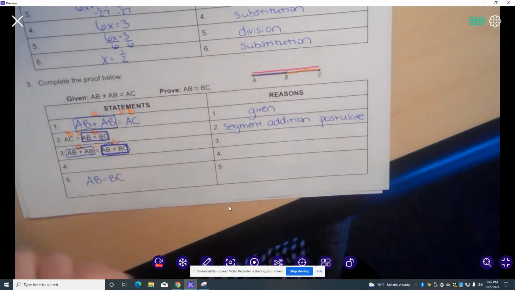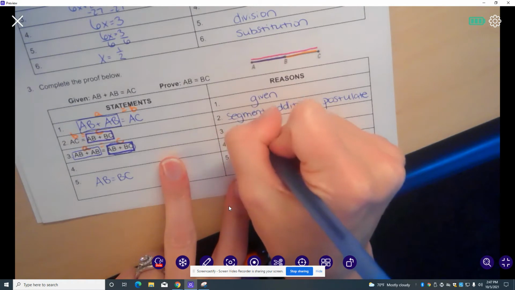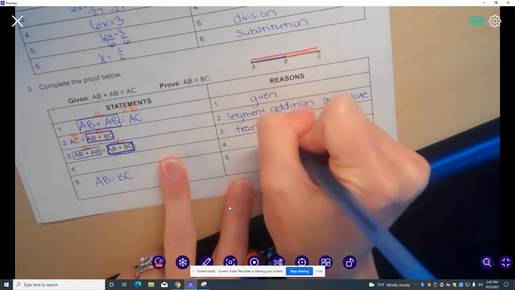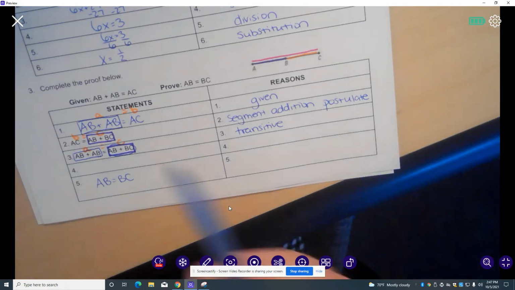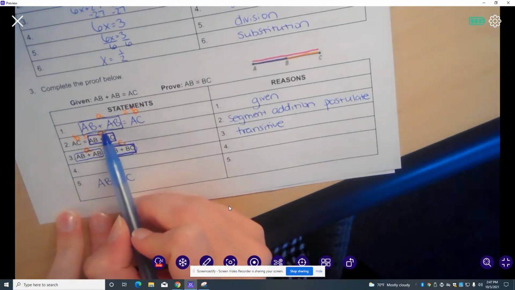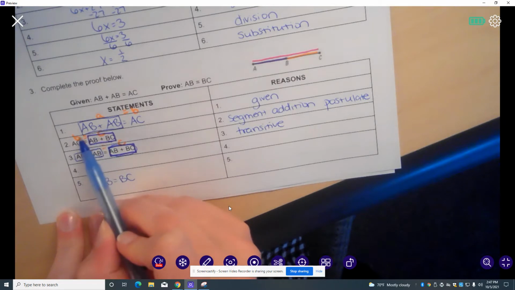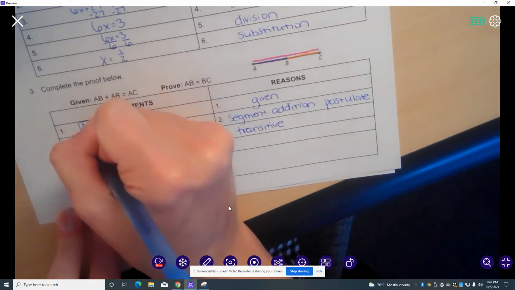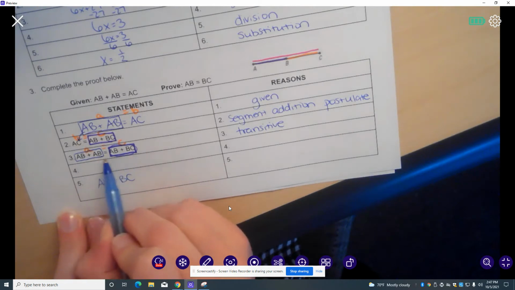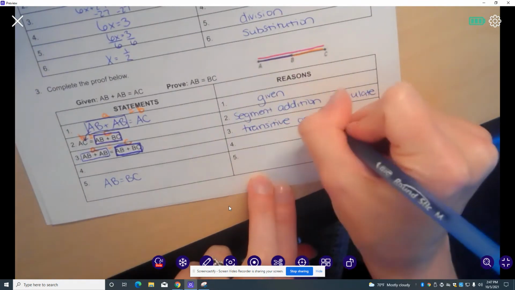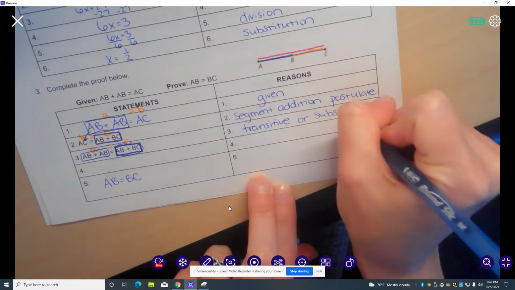We're using statements 1 and 2 to come up with statement 3. You could also think of this as substitution, right? You could view this as taking AB plus AB and substituting it in for AC here to get your equation in statement 3. So transitive or substitution would work.